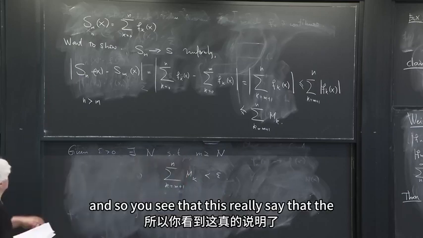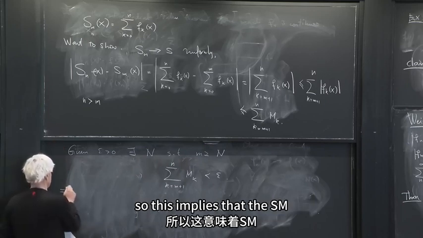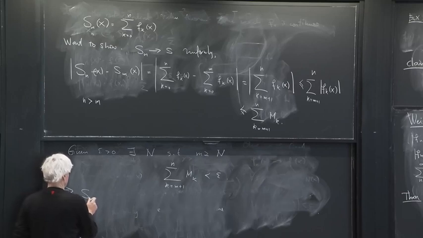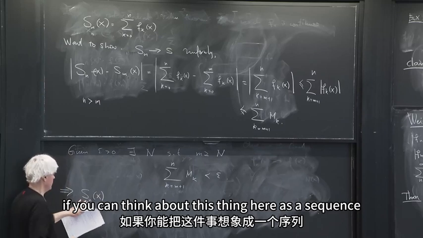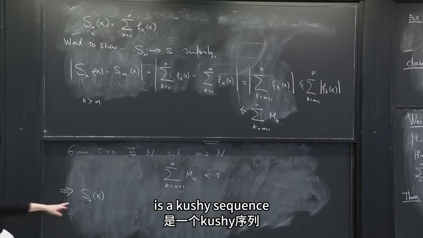And so this implies that Sn for each x, if you think about this as a sequence, is a Cauchy sequence.